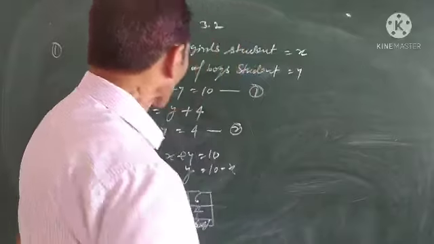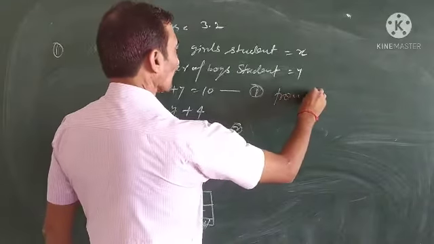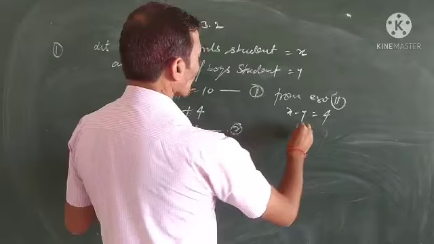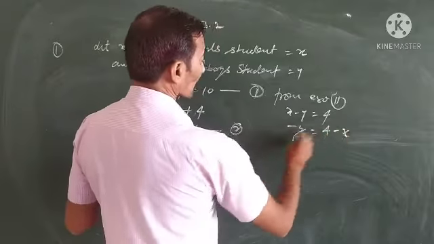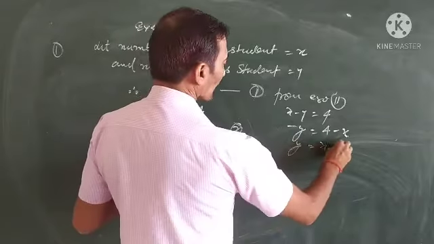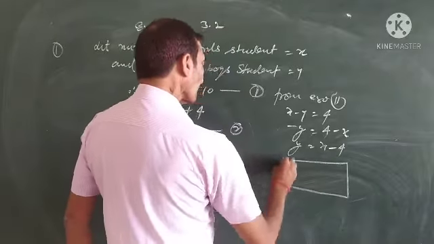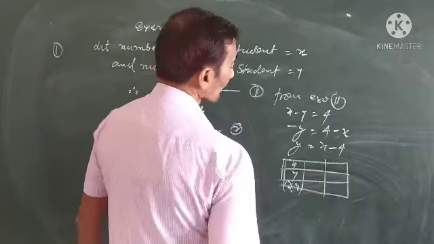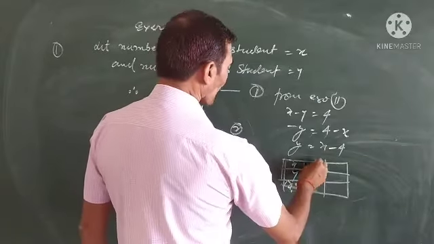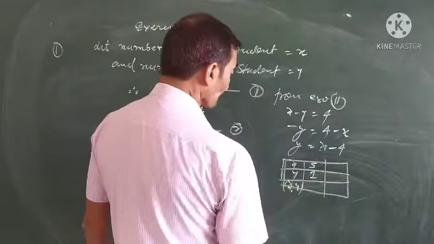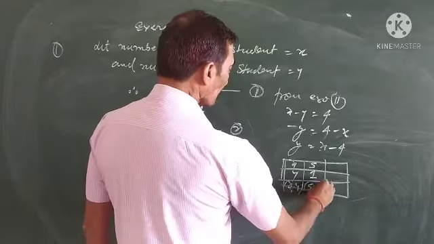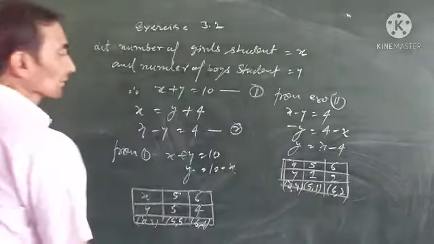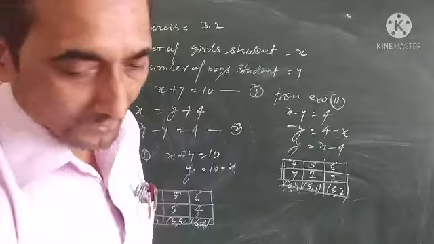From the second equation, x - y = 4, so y = x - 4. Taking x = 5, then y = 1, (5, 1). If x = 6, then y = 2, (6, 2). Data prepared. Now come to the Cartesian system.